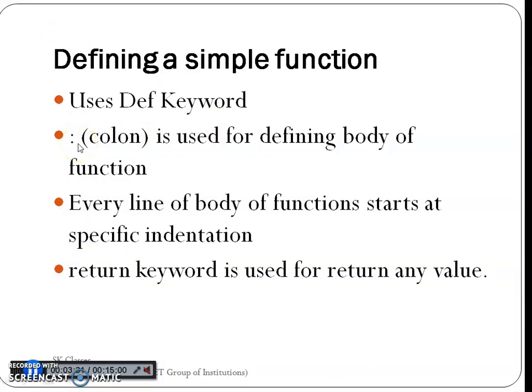That colon indicates that we have to start writing the code for that particular function after this colon. Whenever we press enter after the colon, we start a particular indentation spacing. At that spacing, we write every line of the code, and at the end we can use a return statement to return any value from the function.